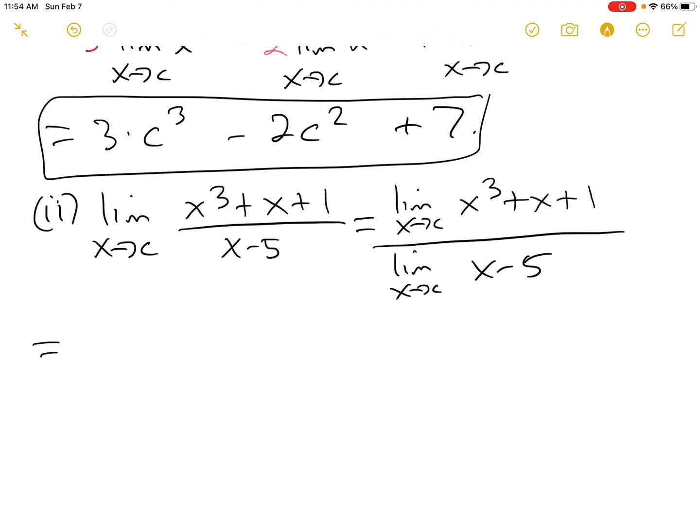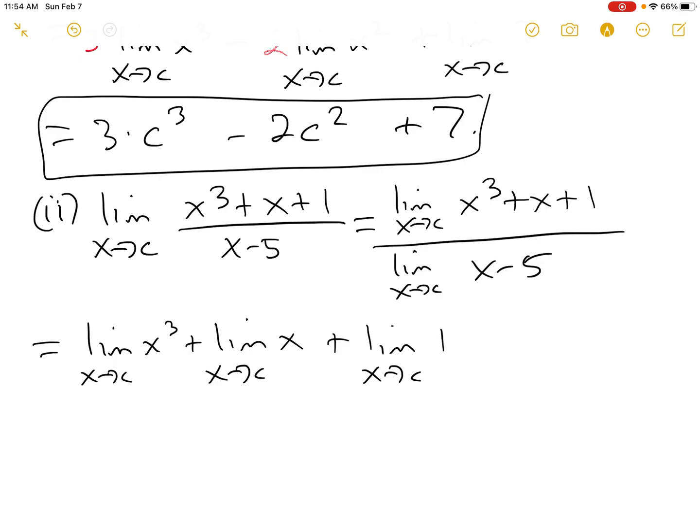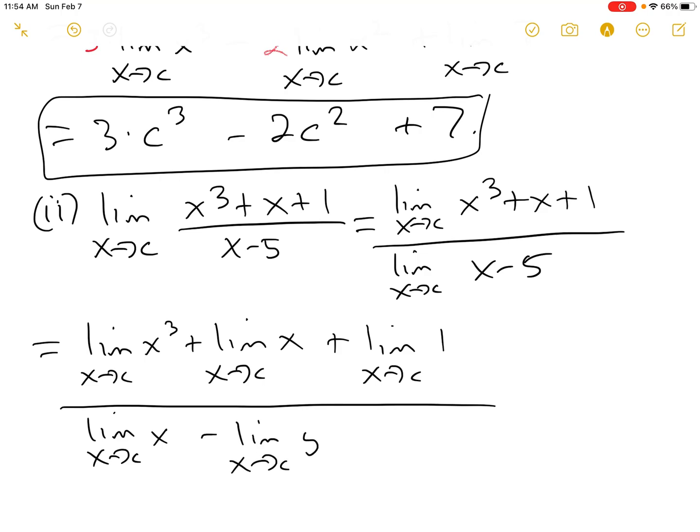And then we use the sum. So now we have the limit as x approaches c of x cubed plus the limit as x approaches c of x plus the limit as x approaches c of 1 all over the limit as x approaches c of x minus the limit as x approaches c of 5. And this is c cubed plus c plus 1 over c minus 5.